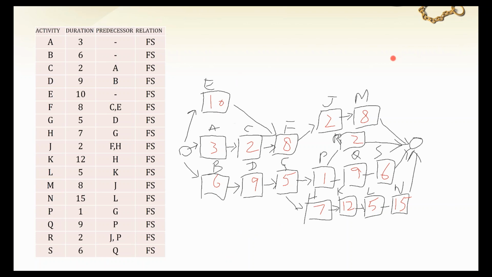So in this network, we have 5 paths, and the longest one is the lowest path.